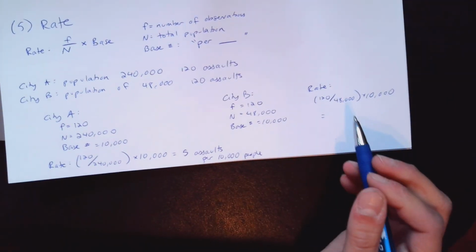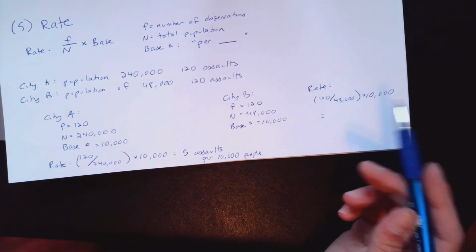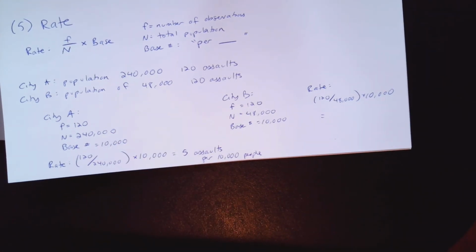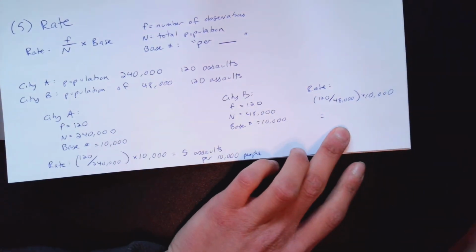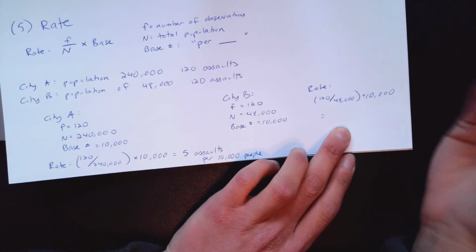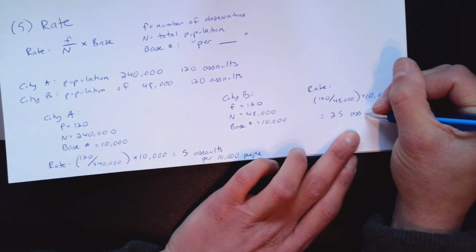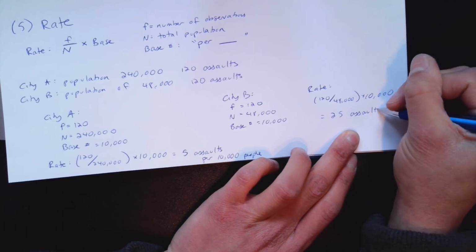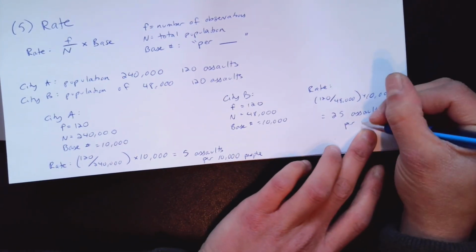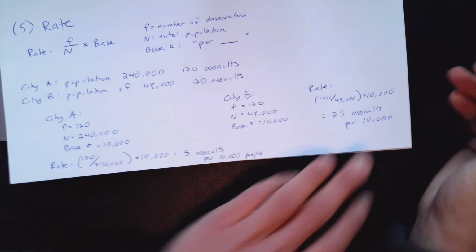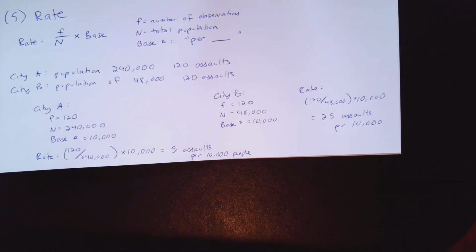If you plug these numbers into your calculator or your Google bar, whichever one you're doing, you will come out with 25. And what this means is that there are 25 assaults per 10,000 people. So what this tells you is that for every 10,000 people who live in city B, there are 25 assaults.